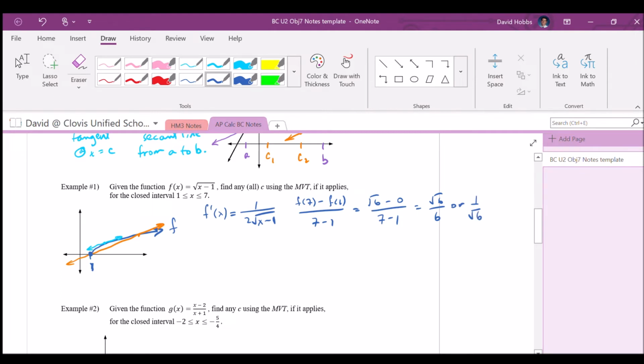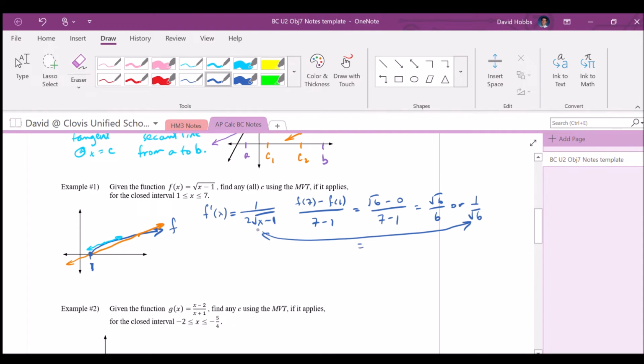So what did we say the mean value theorem is, as long as it applies, which it does here? The slope of the tangent line is equal to the slope of the secant line. So we can set those two things equal to each other and solve for c.